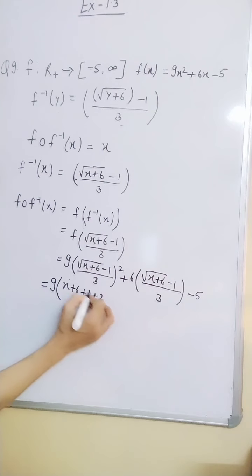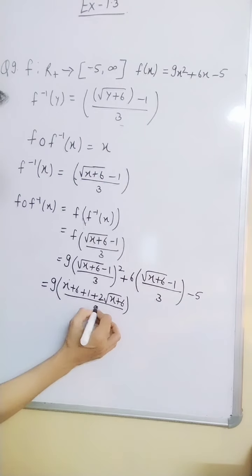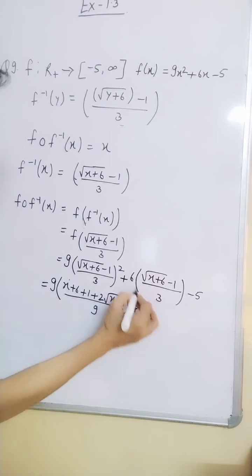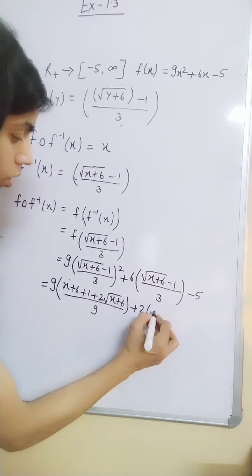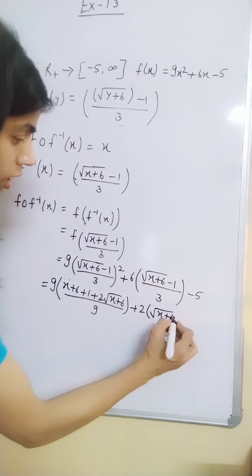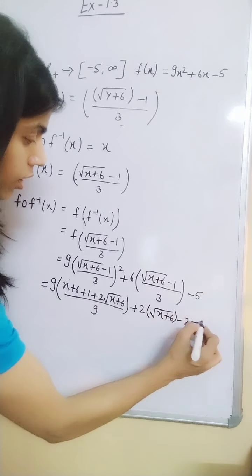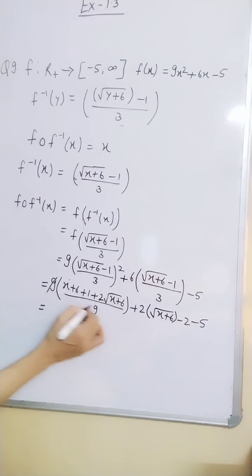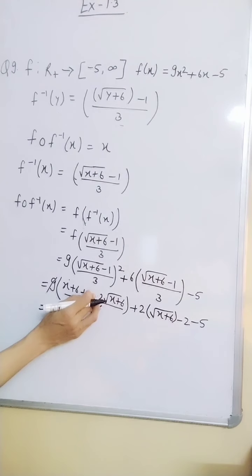So 2 root x plus 6 upon 9, plus, this will be cancelled, so 2 root x plus 6 and minus 2, minus 5, right? This 9 is cancelled with this 9, right? This is minus, sorry, this will be minus, a minus b whole square, right?